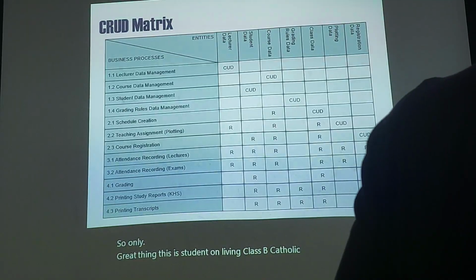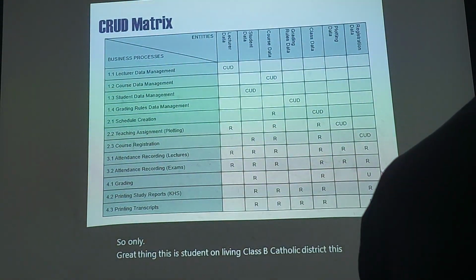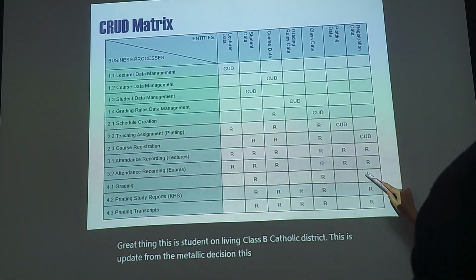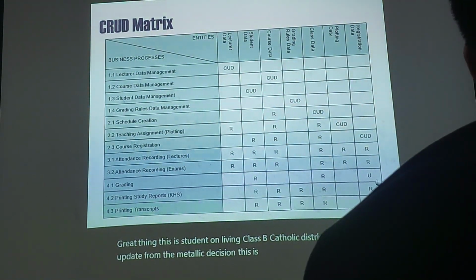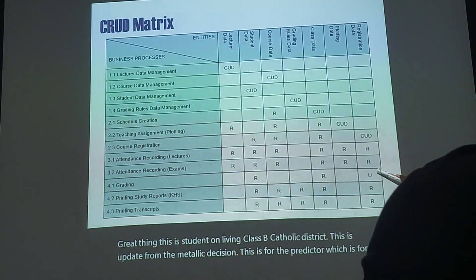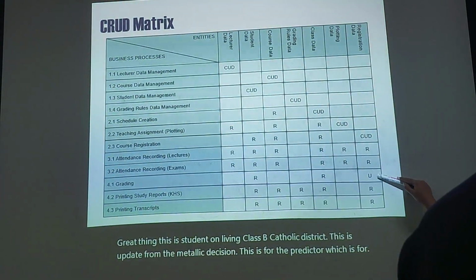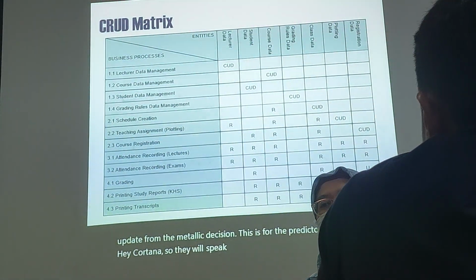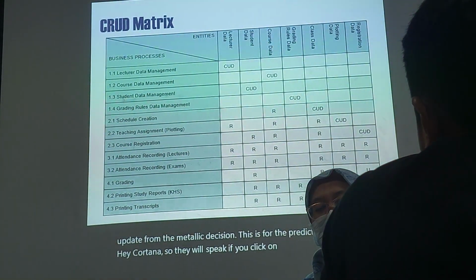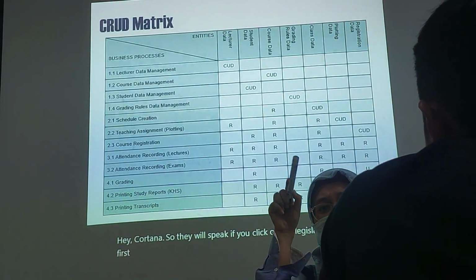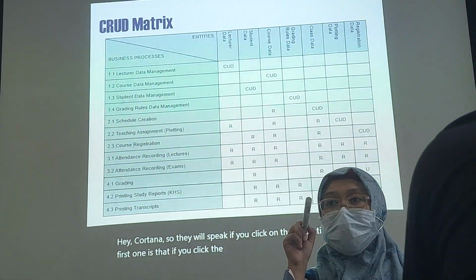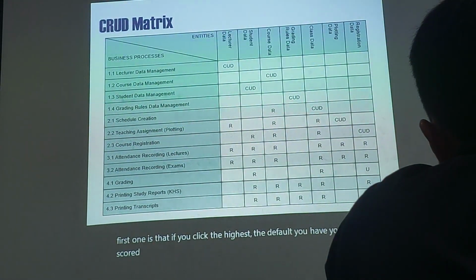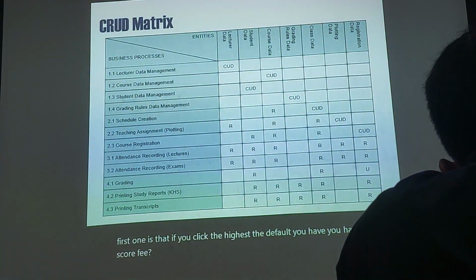This is updated from the data registration. This is the update for the grading. Grading, this is for the lecturer. Do you still remember, if you click for the registration for KHS, the first one, if you click KHS, the default you have point, you have score E. Okay, this is the default.